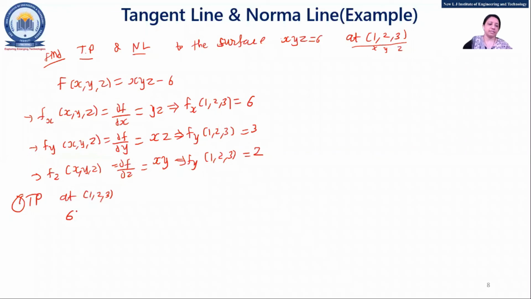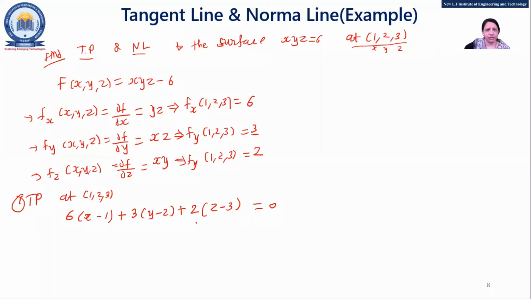That is 6 into x minus x0, so that is 1, plus this is fy, 3, into y minus 2 because y0 is 2, plus 2, that is fz, into z minus 3, equal to 0.